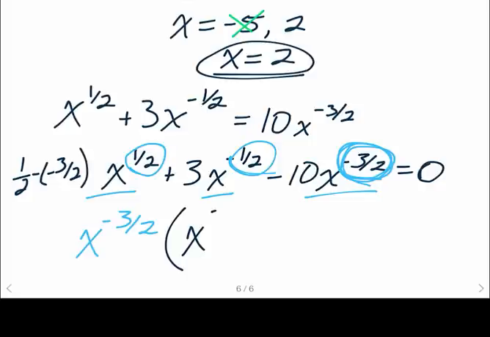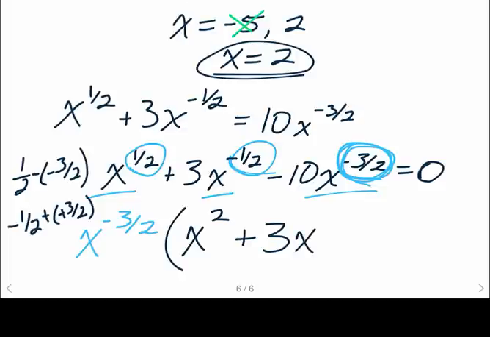That gives me x squared. Second term, 3x to the -1/2 is how it started. -1/2 as the exponent minus the -3/2 because of what we're factoring out is going to equal 1. So I have 3x.